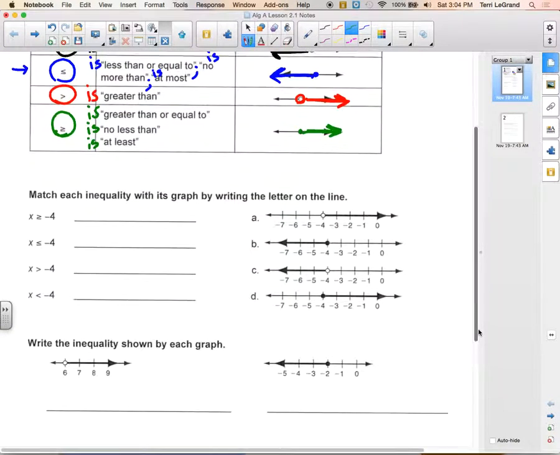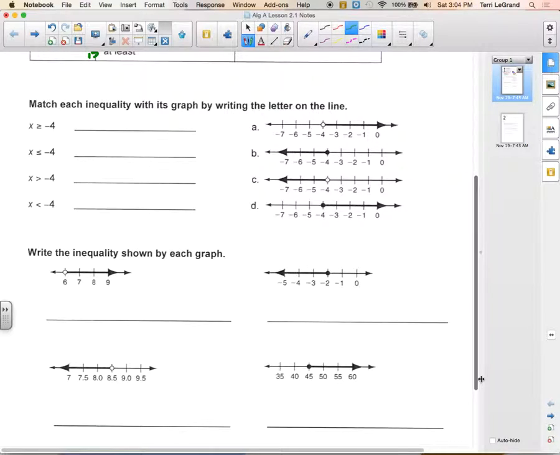Okay, so those are all really important that we make sure we understand, so that now in this next section we're going to match an inequality with its graph. But before we do that, we're actually going to write what does this part tell us? It says is greater than, let's write that on this line, is greater than or equal to, it has that equal to bar, -4.